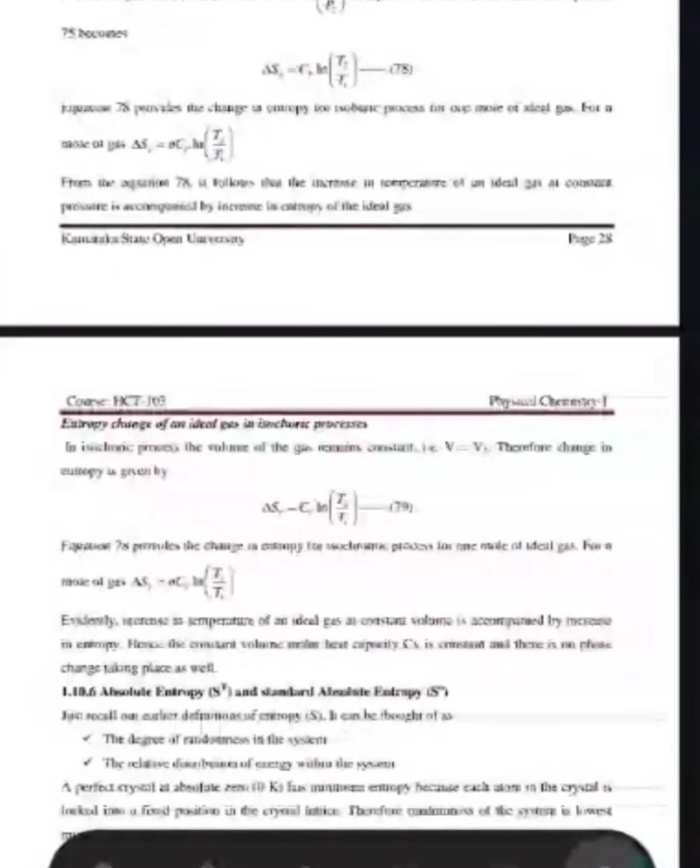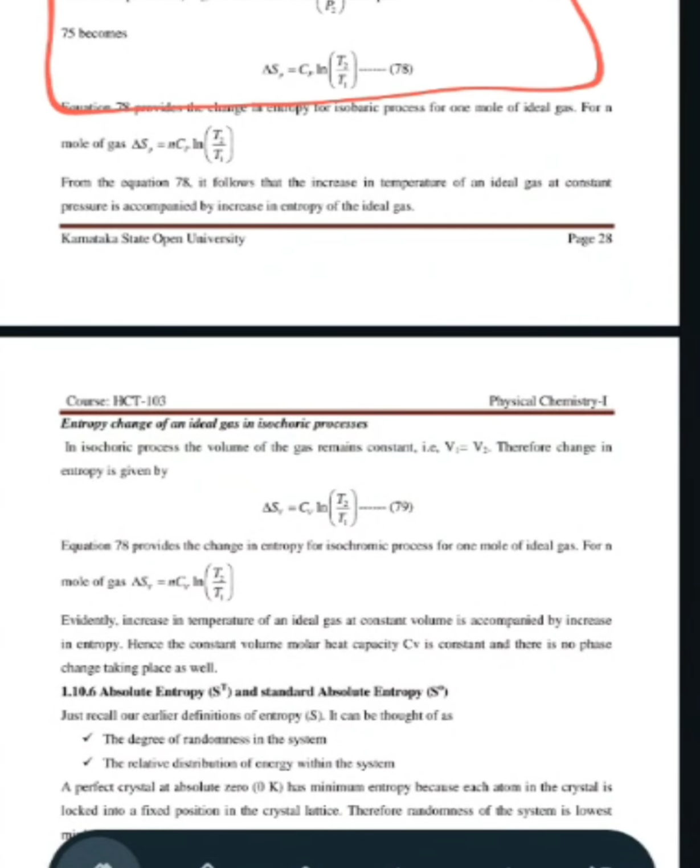And next is the entropy change of isobaric process, where pressure will be kept constant. P1 and P2 will be 0. For the same equation, we are going to put 0 for pressure. That is the isobaric process.